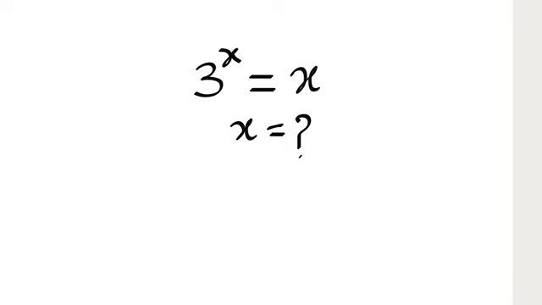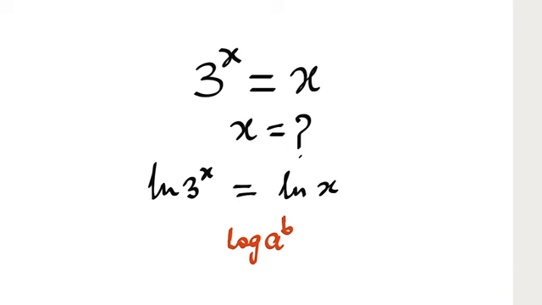So we're going to have ln of 3 to the power of x equals ln of x. Now using the law, when you have log a to the power of b, this will be b log a.